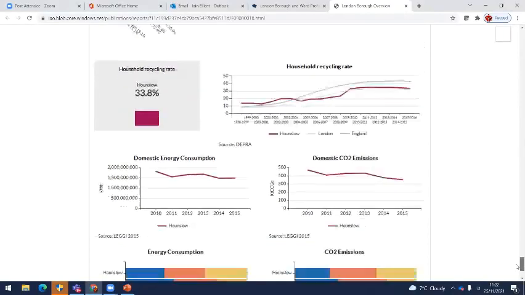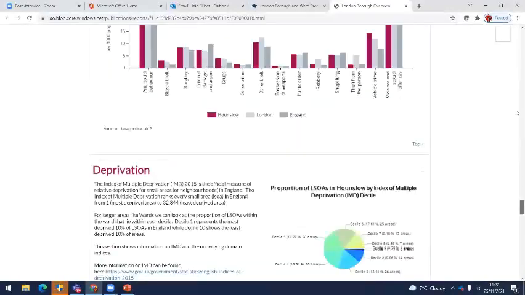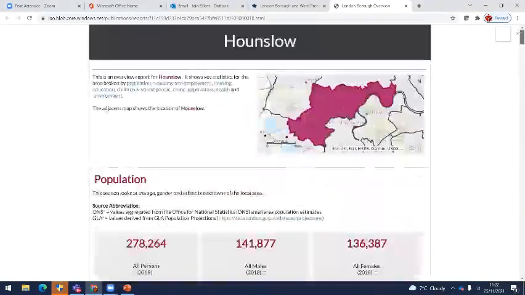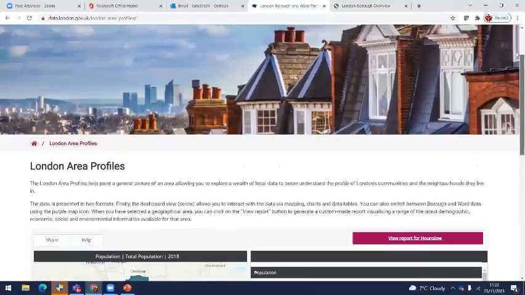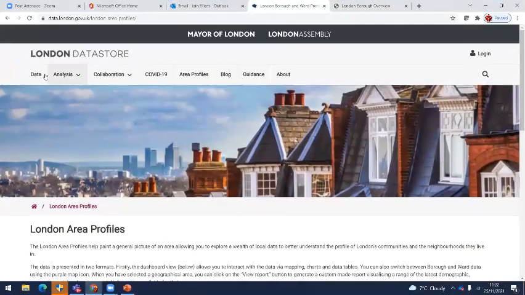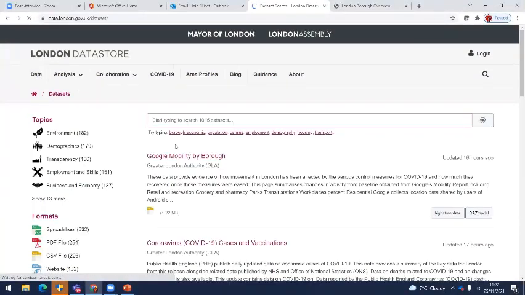So that's always a good place to start off if you are looking for particular information, particular statistics. Obviously, if you can't find them there in the report, you could try just going to the data sets, because sometimes you're looking for a particular piece of information.